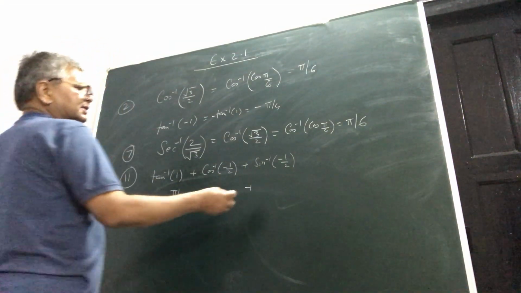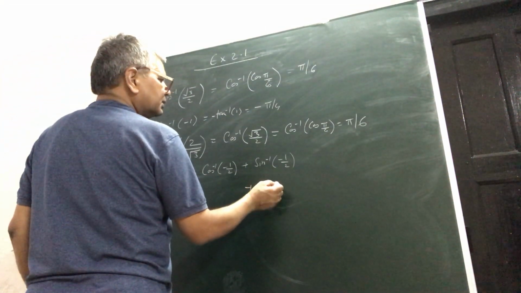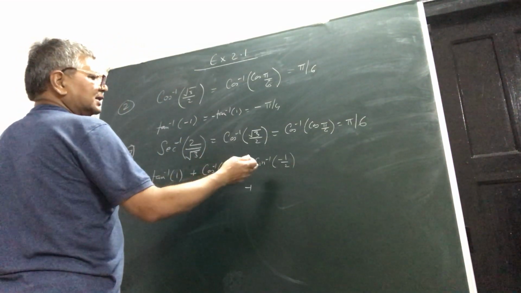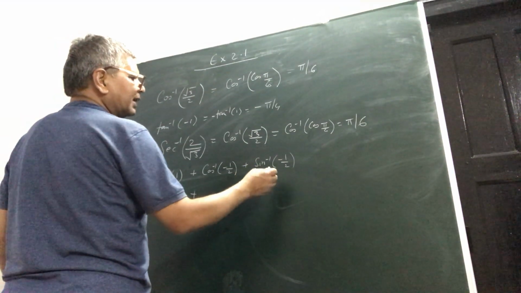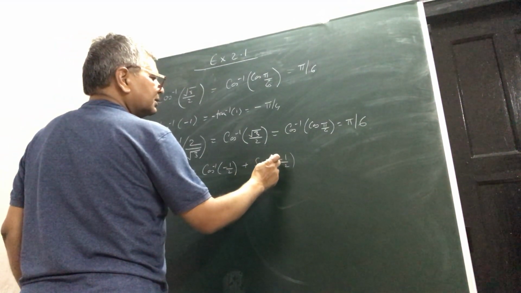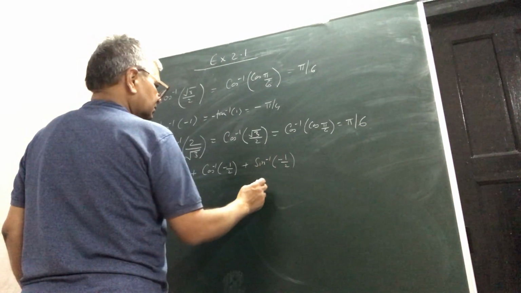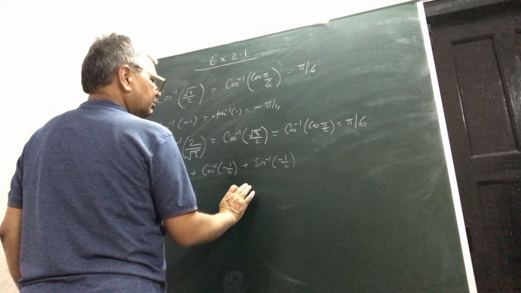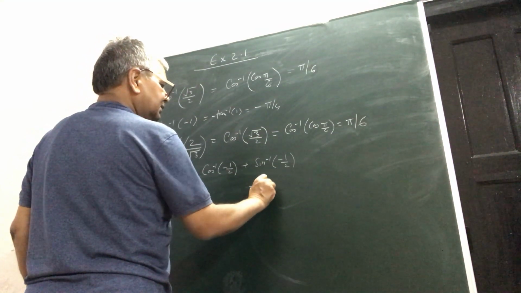Minus pi by 6. Sin 30 degrees is 1 by 2, so sin minus 30, which is minus pi by 6. Better you write minus pi by 6.